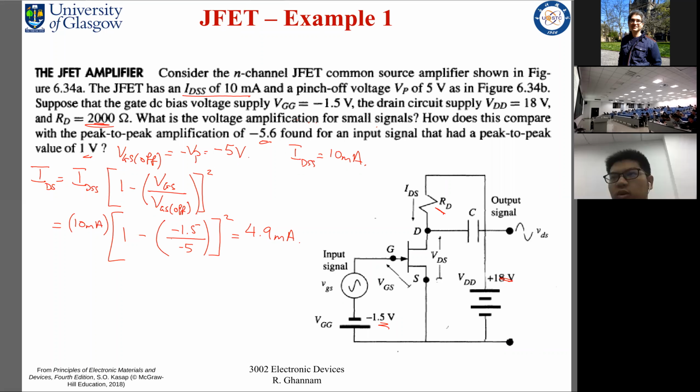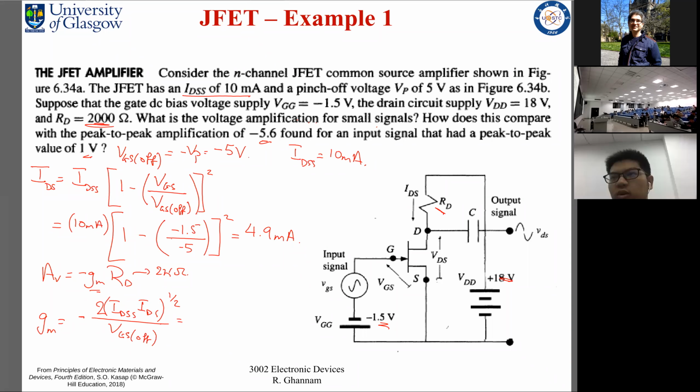So what is the next step? We need to find the voltage amplification for the small signal. We know that gain AV is equal to minus GM times RD. We know RD is 2 kilo ohms, but we don't know what GM is. So let us calculate GM. GM equals minus 2 times IDSS times the square root of IDS over VGS off.